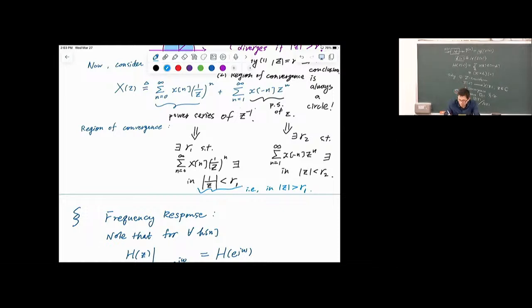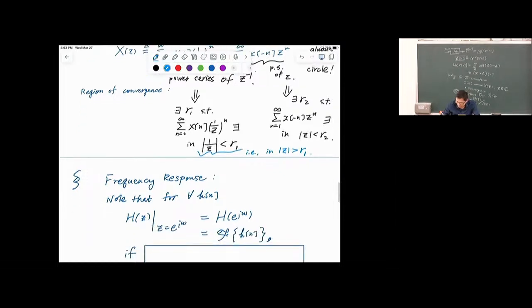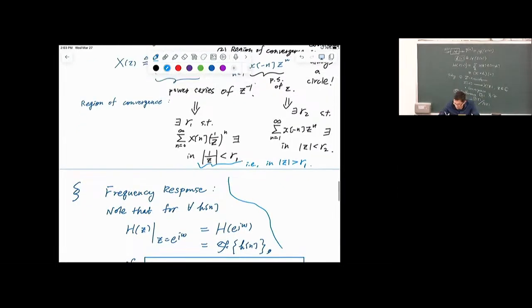So in the most general case, let me just summarize. Case one is that one circle is smaller than the other circle, so these two regions have overlap. They intersect. Outside the first circle and inside the other circle, when the two regions have intersections, that's case one.